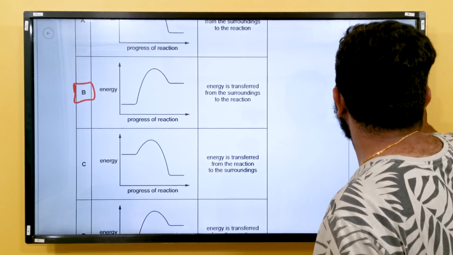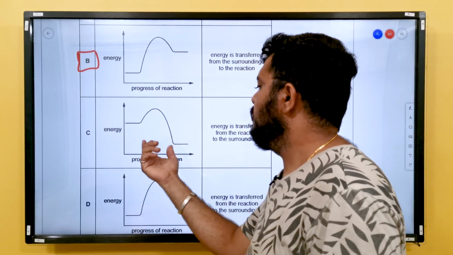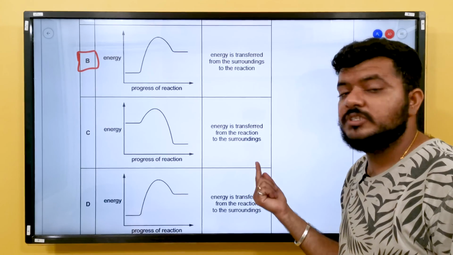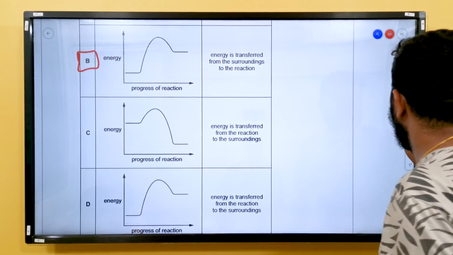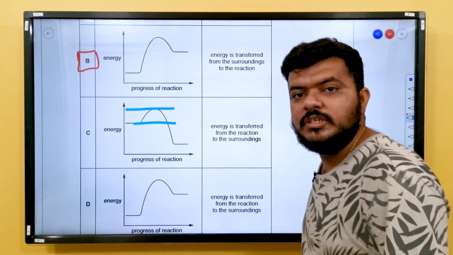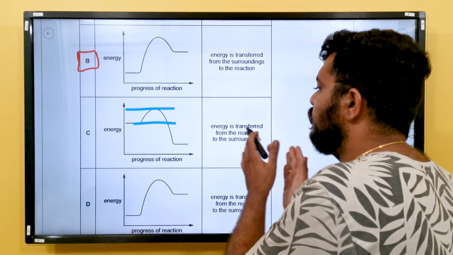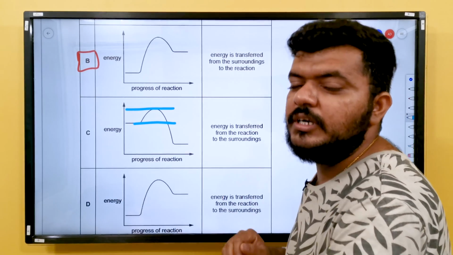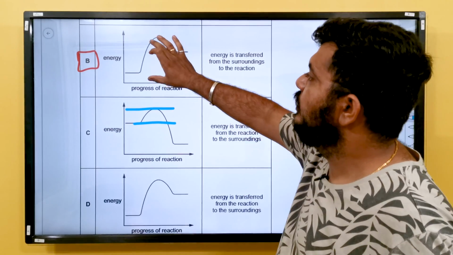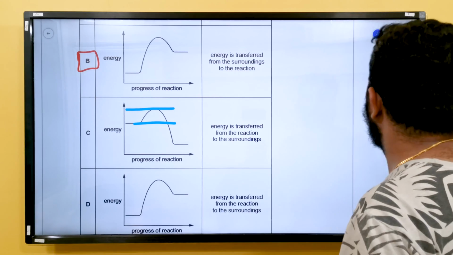You may get confused with options B and C. Option C says energy, progress of reaction, energy falls. Energy is transferred from the reaction to the surroundings. This is incorrect. Why? Because if you notice, there is a small activation energy required. So it's not transferred to the surroundings. It is also taken from the surroundings. So that is the correct option.